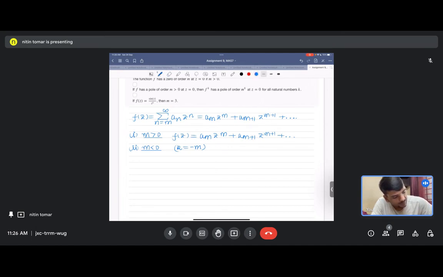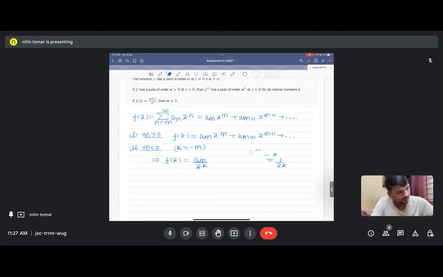Your series will be f(z), some coefficient a_m upon z^k, right? Because if m is negative, m is minus k. Now k is positive, so it will be 1 upon z^k.